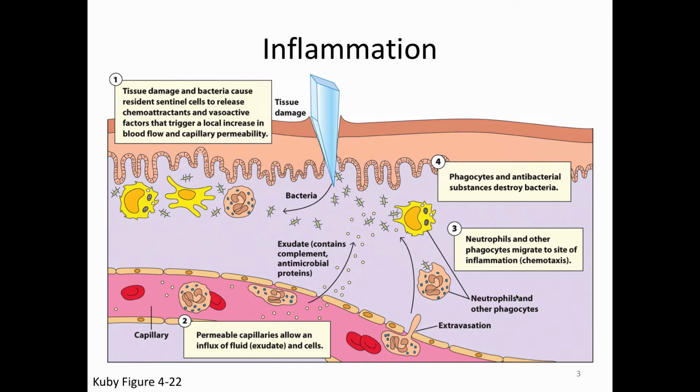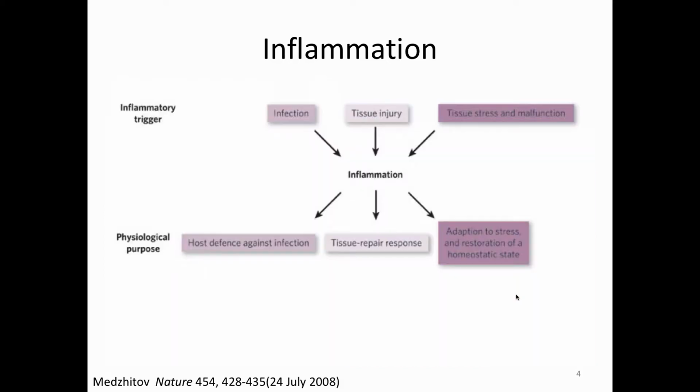So as I said, if you watch TV or listen to different people talking about inflammation, it's the big bad thing that is causing all of your problems, that you definitely need to get rid of. You always think of it as being a big problem. But inflammation is an important physiologic response.